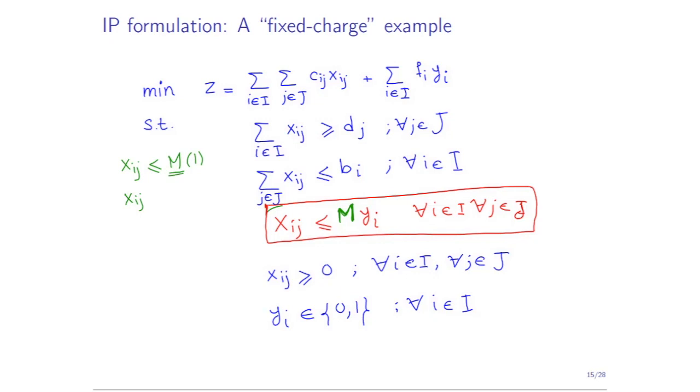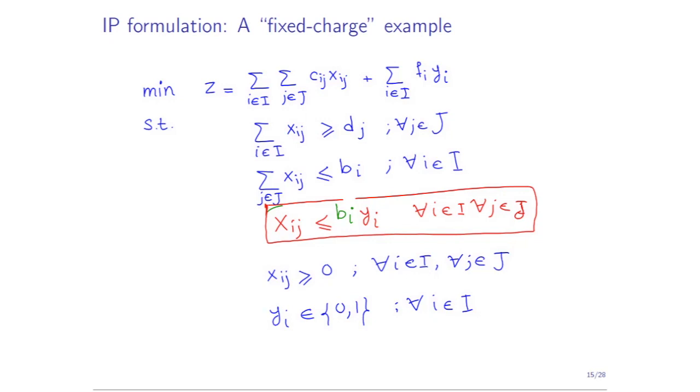Now if, instead of big M, I choose it to be the capacity of depot i, everything is fine. Why? Because I know that xij will never be more than the capacity of depot i.